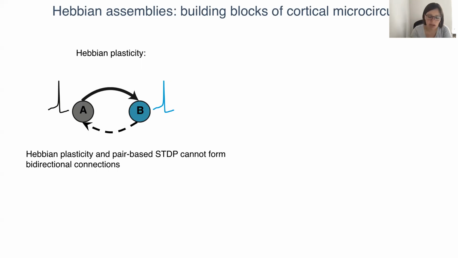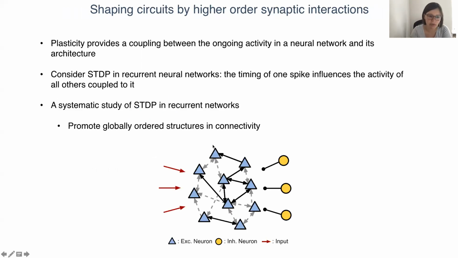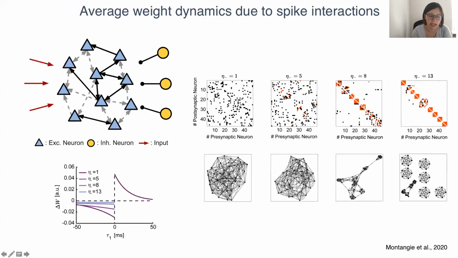And so I'm just going to very briefly show you. We had a paper at some point last year where we showed that the triplet rule can actually do this in a recurrent network. So we can modulate some aspects of the learning rule, and then we can acquire the emergence of these bidirectional connections.